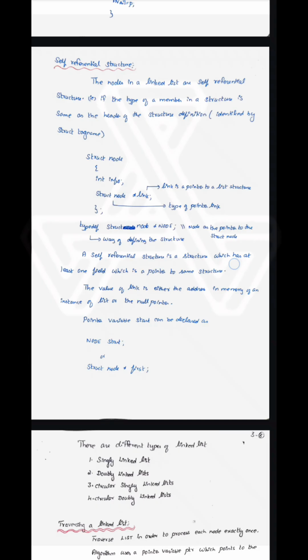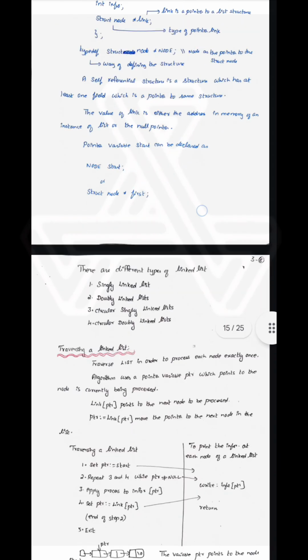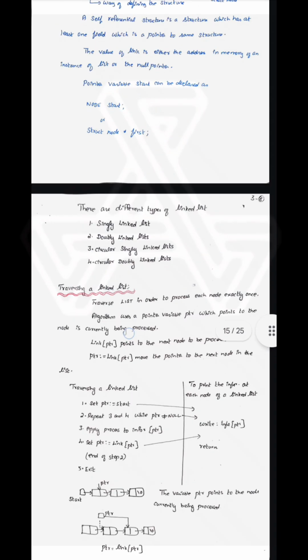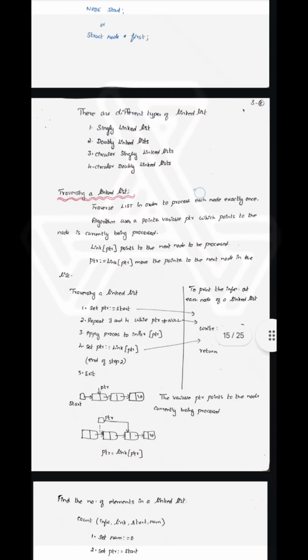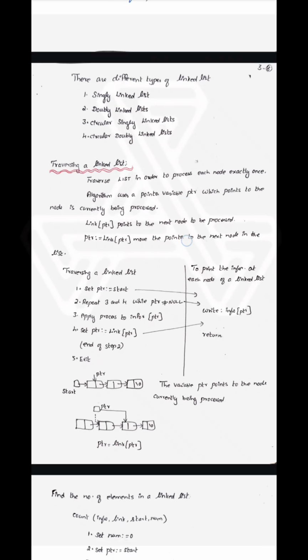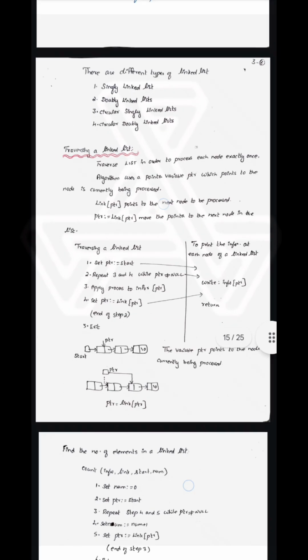The pointer variable start can be declared as node start or struct node first. There are different types of linked list: singly linked list, doubly linked list, circular singly linked list, circular doubly linked list.